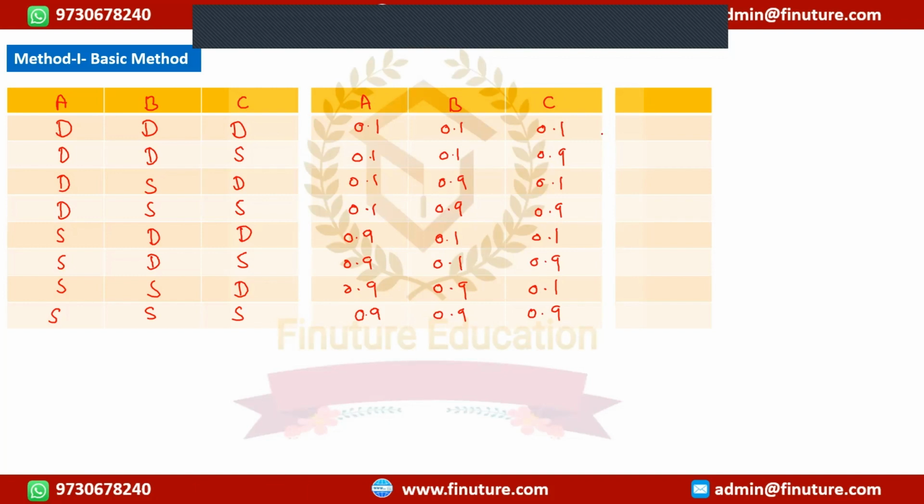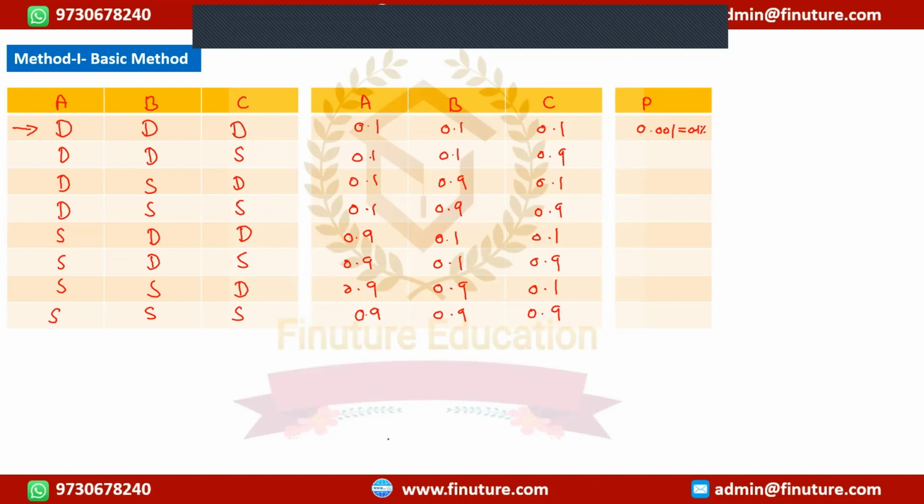Now we have jotted down all the possibilities and their corresponding probabilities. Now we'll calculate the probability of this outcome, that all three default. Over here it's 10% times 10% times 10%, 0.1 cubed. So it would be 1 over 1000, that is 0.001, or you can say it's 0.1%.